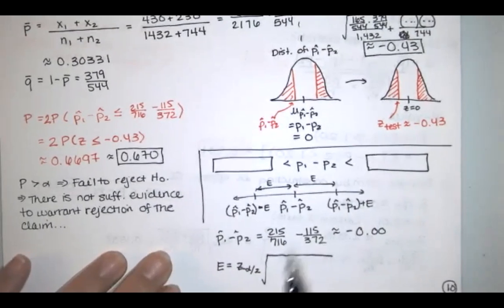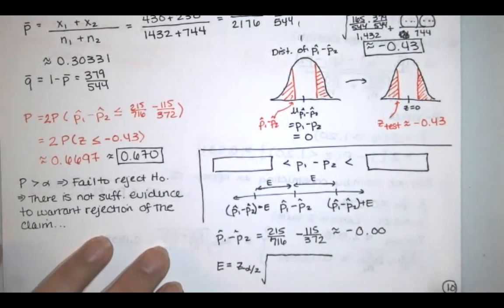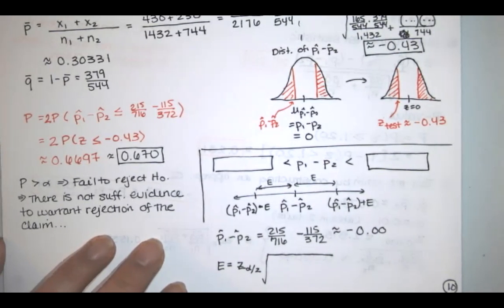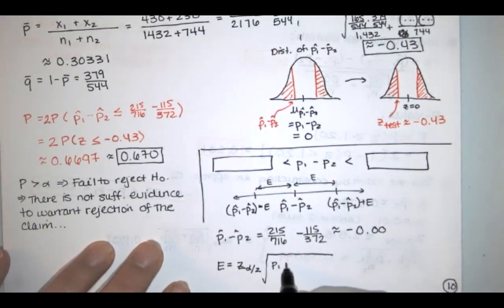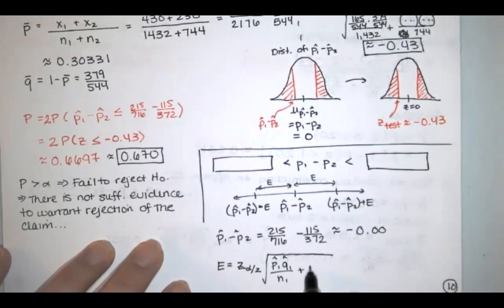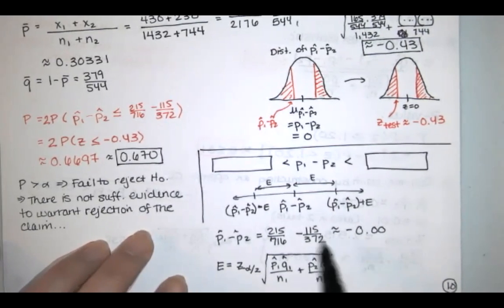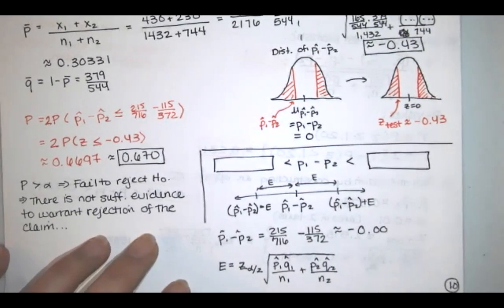So in this case, rather than using P bar and Q bar, which makes sense when you're assuming that P1 and P2 are equal to each other, we're going to use the best estimates that we have of P1 and P2 and Q1 and Q2, which are P1 hat and Q1 hat, and P2 hat and Q2 hat. So this is our estimated standard deviation this time.